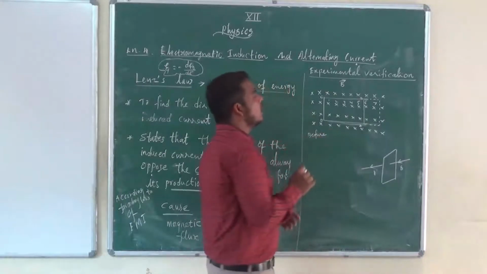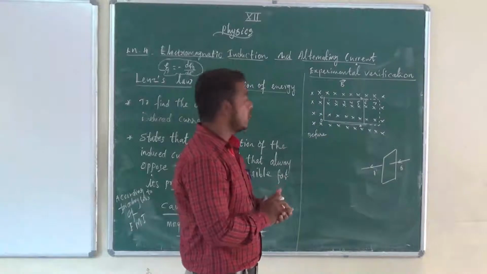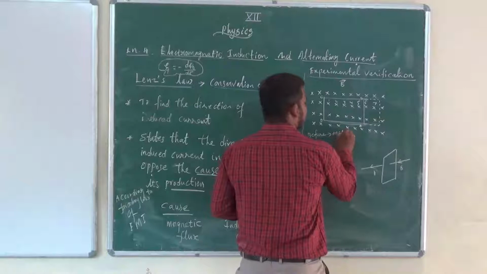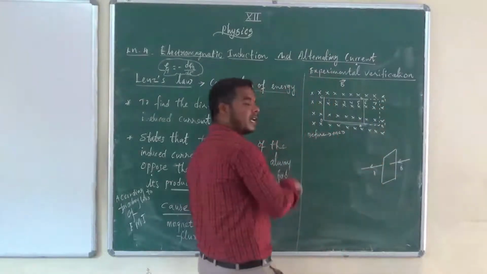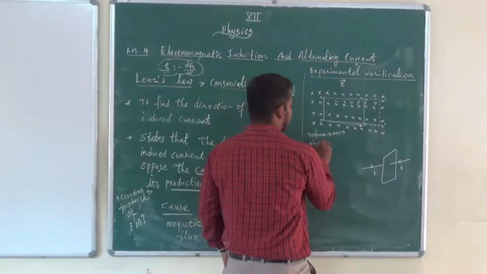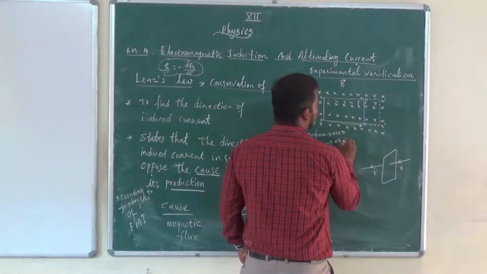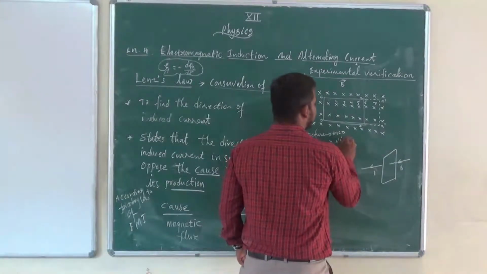Before I increase the length of the rectangular loop, it is ABCD. This is A dash, B dash. After I change the length of the rectangular loop, it is A dash, B dash, C, D. Isn't it?